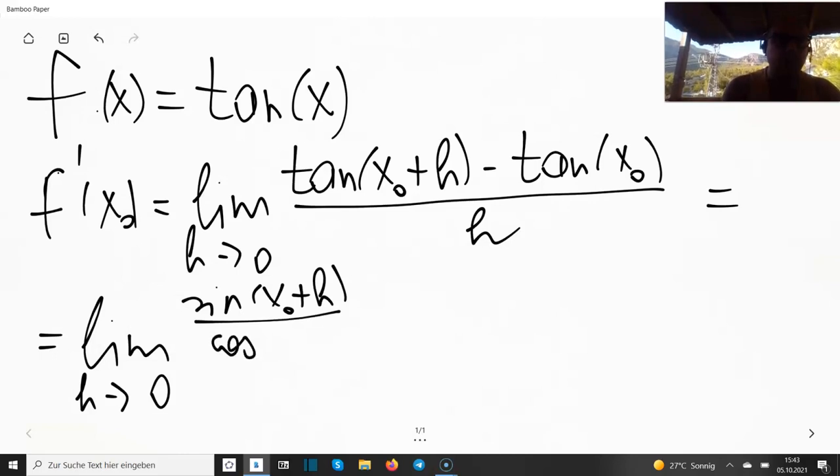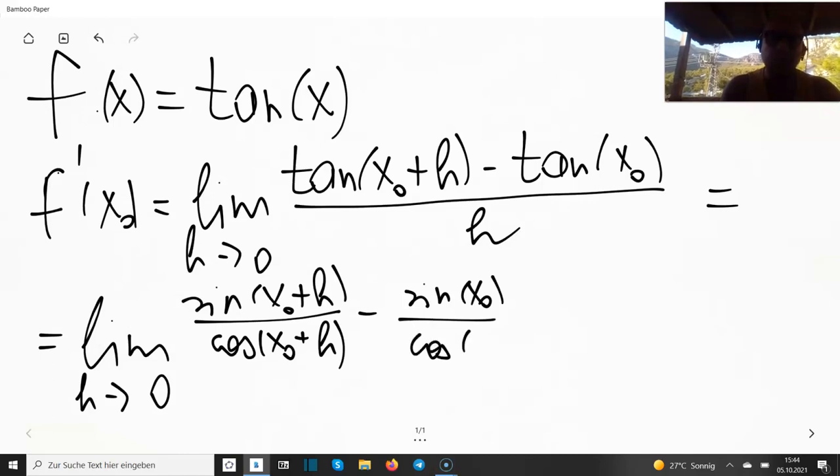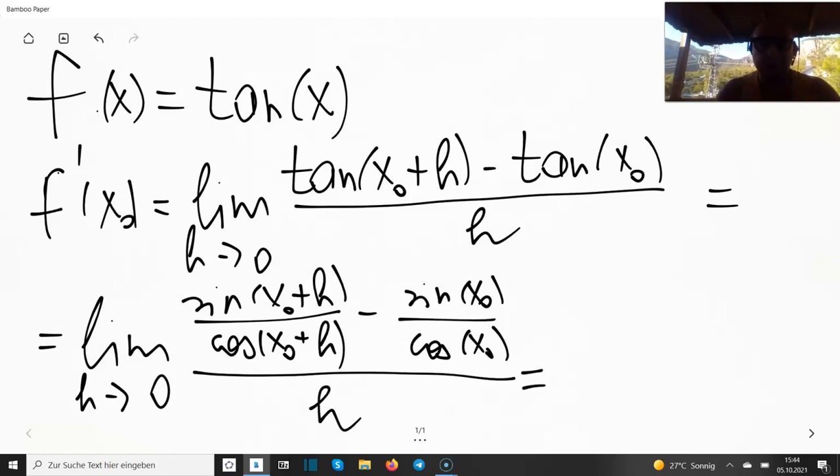So we have a fraction now, which maybe makes it look a bit more complicated than it should, but just for a short period of time. So we have a sine of x0 here, we have cosine of x0 there, and we still divide it by h. All right, so now we have two different denominators. We should bring it to the same denominator. Let's do it.